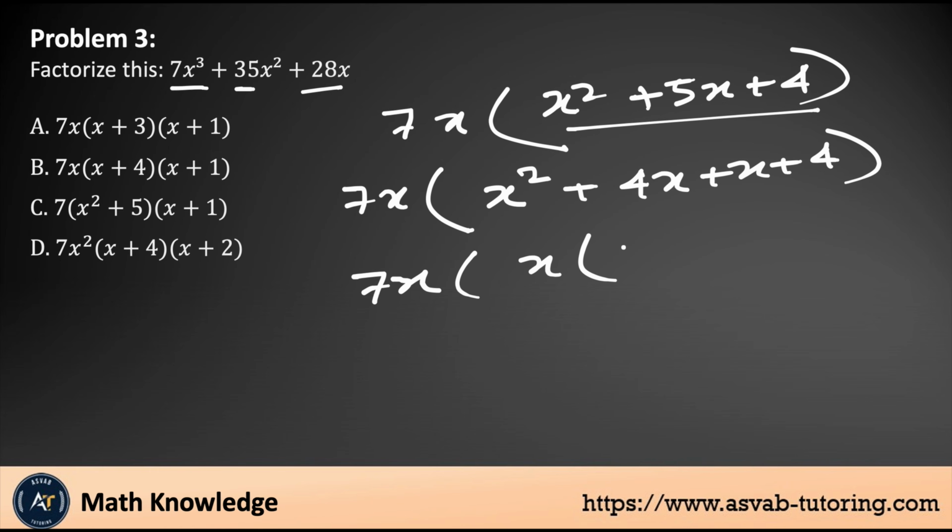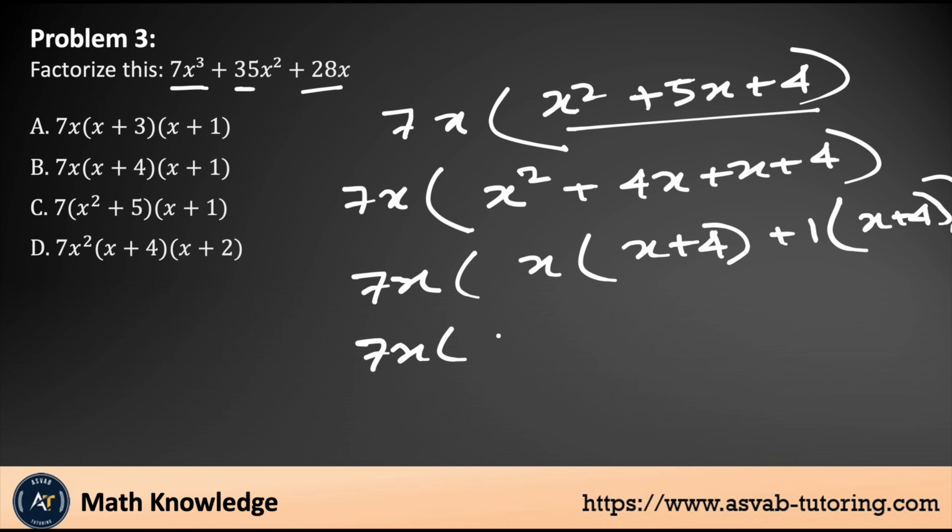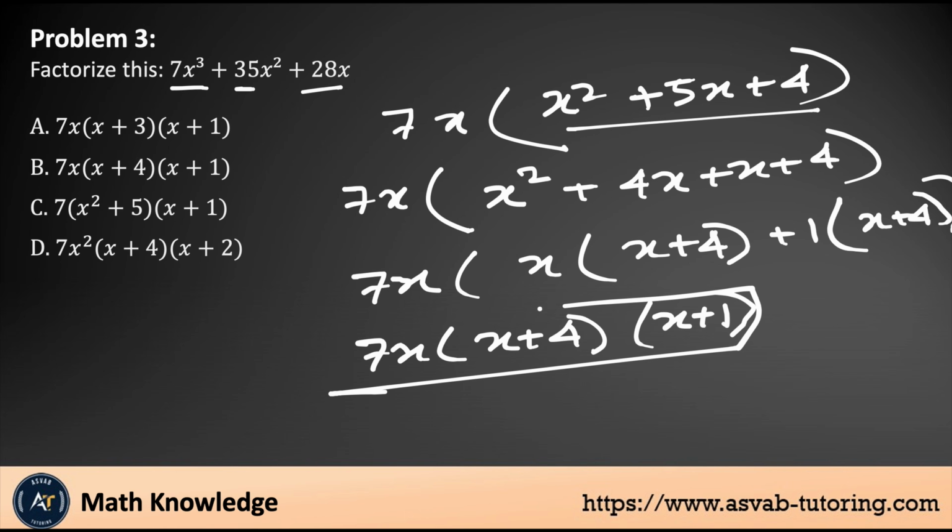If you take x common, that gives you x plus 4, and if you take 1 common, you get x plus 4. So that gives you 7x times (x plus 4) times (x plus 1). So that is the answer option.